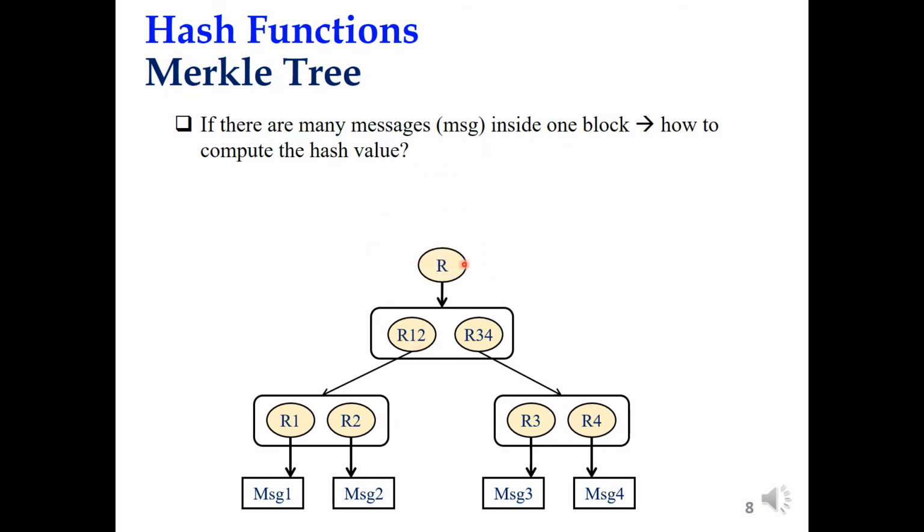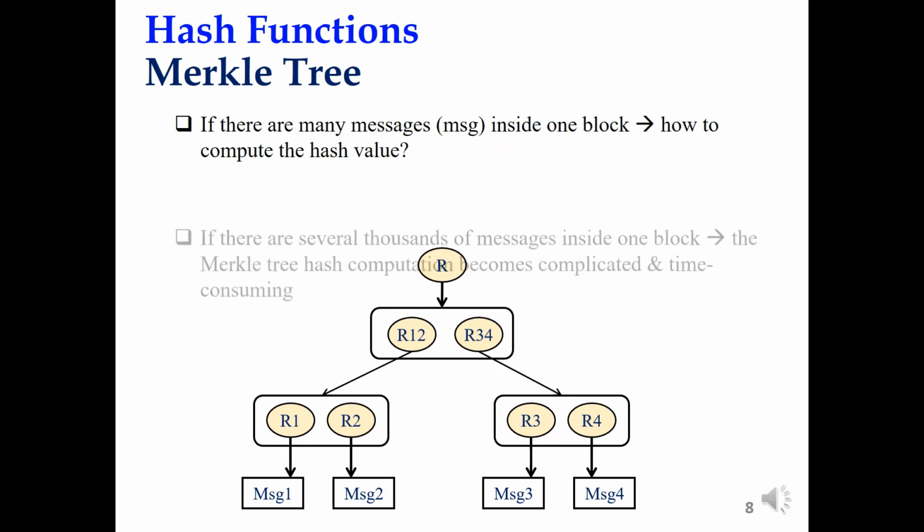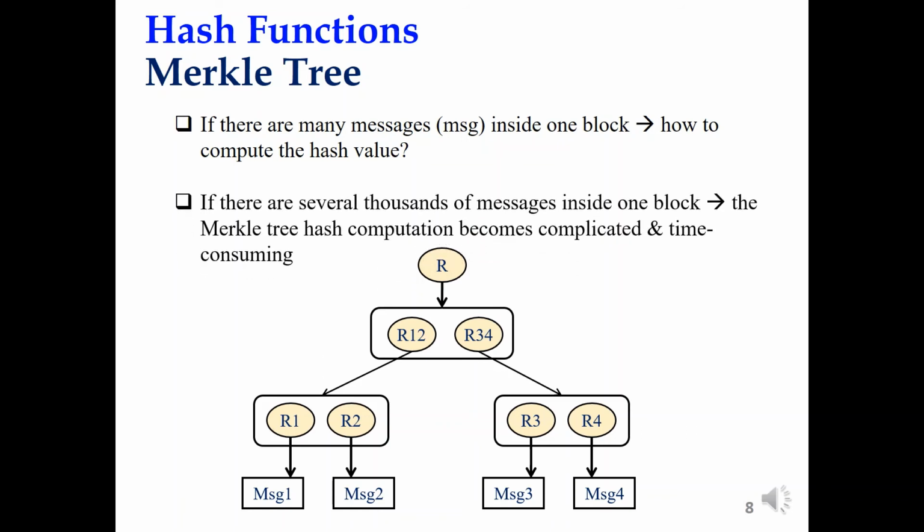This final hash is called the Merkle tree root hash, and it will be stored in the block header. If there are several thousands of messages inside one block, the Merkle tree calculation will become complicated and time consuming.